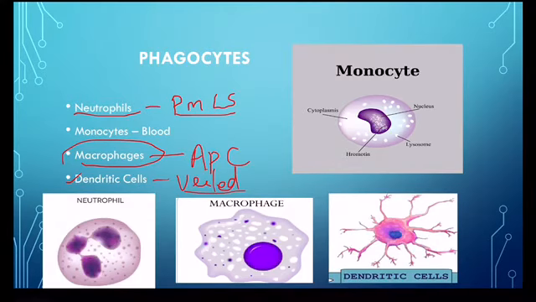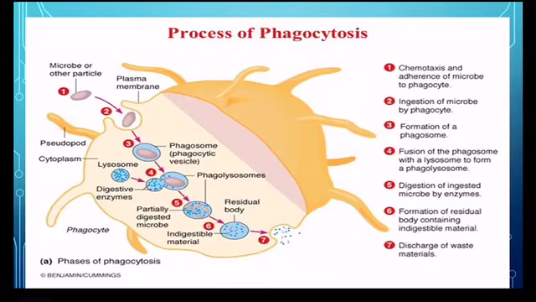So these are all the cells involved in the phagocytosis process. Let us move on to the mechanism of phagocytosis: how these cells engulf and kill foreign particles, bacteria or any harmful particles.